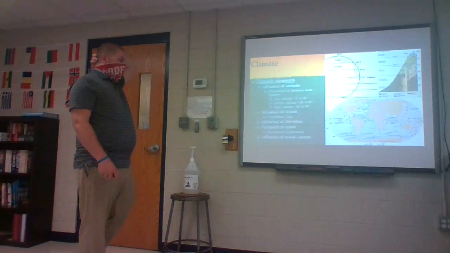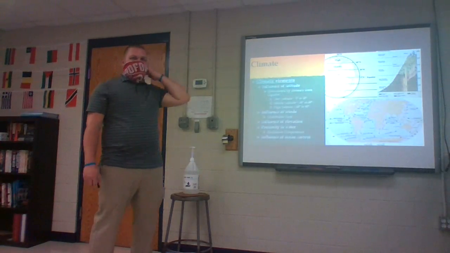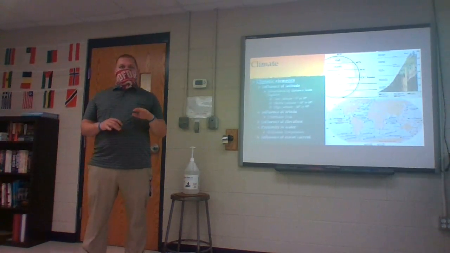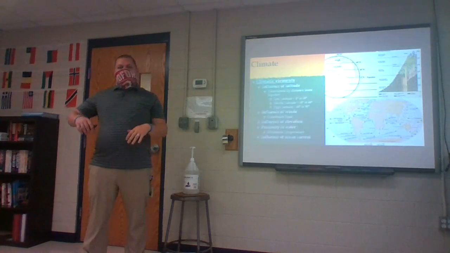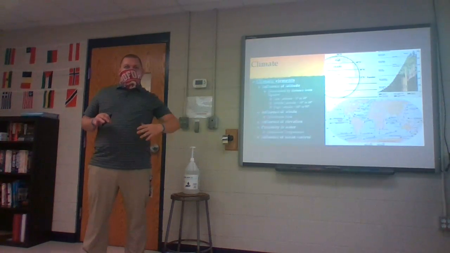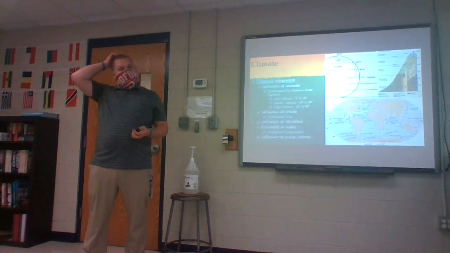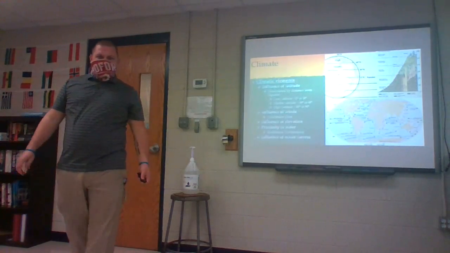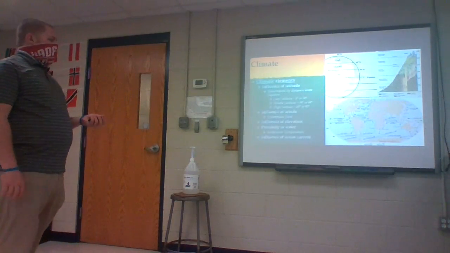You have the proximity to water. Okay, if you're closer to a body of water, the temperature stays more similar throughout the year. Okay, I'm not talking about like Crater Lake. That's not a big enough body of water to affect it. I'm talking like the beach or the Great Lakes, things like that. It moderates temperature.